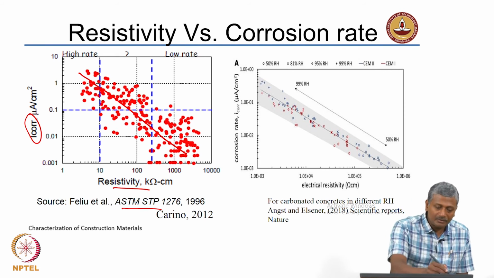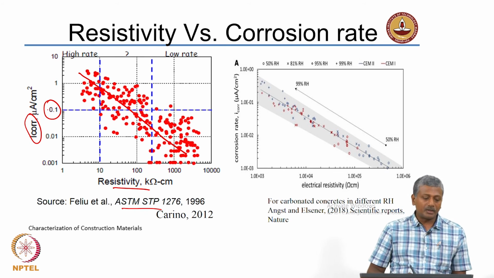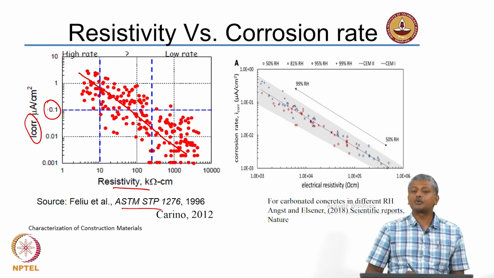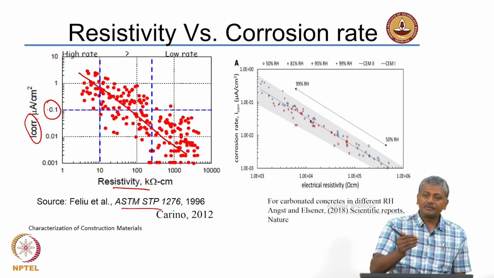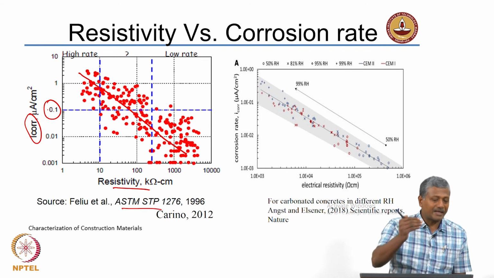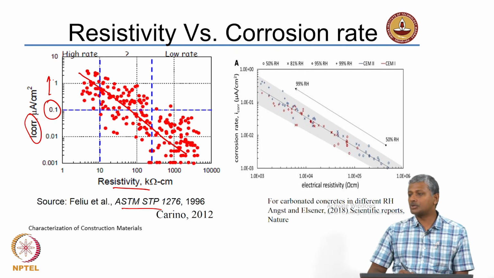Now, generally when we do corrosion studies, this 0.1 microampere per centimeter square corrosion current density is said to be a critical value, which defines the state of passive corrosion and active corrosion. Anything more than 0.1 indicates active corrosion in your system.